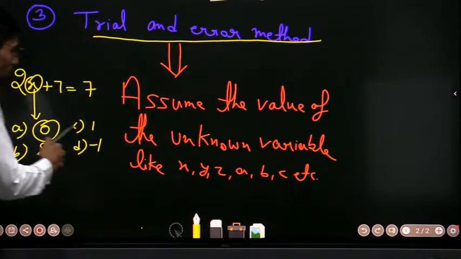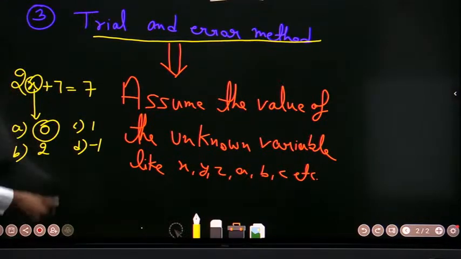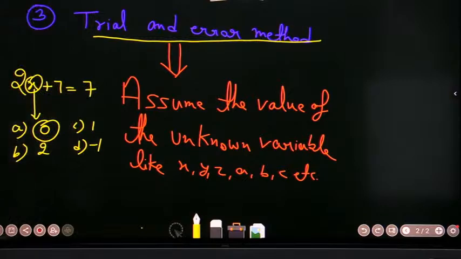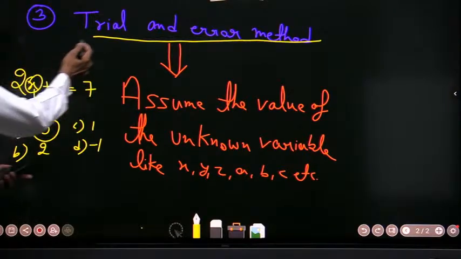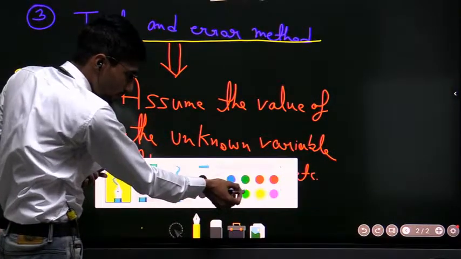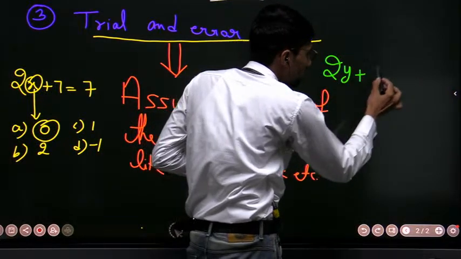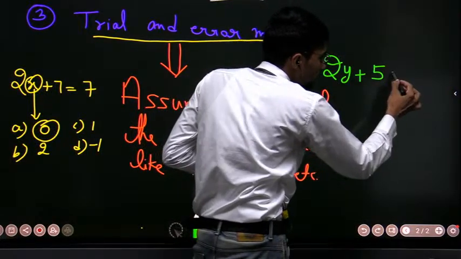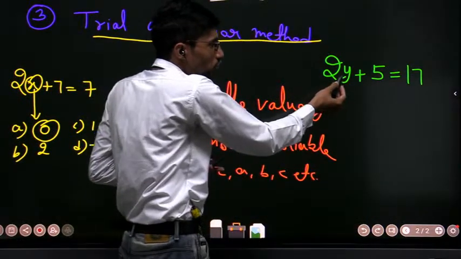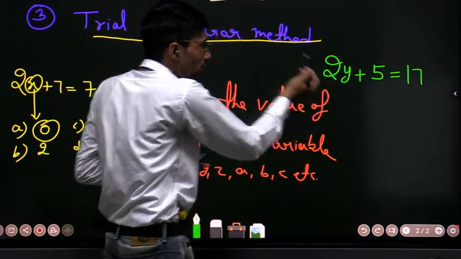So this method is only used when options are given. This is not a good method otherwise. Suppose that I write the equation 2y plus 5 is equal to 17, and I ask you to find the value of y with the help of trial and error method.